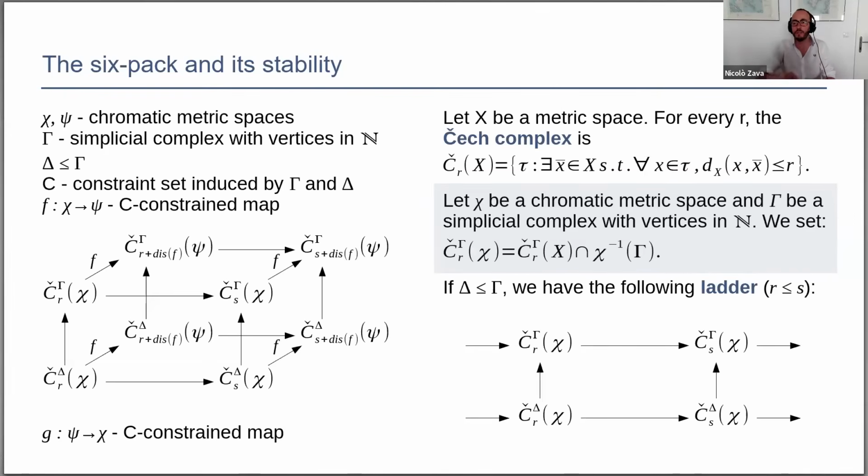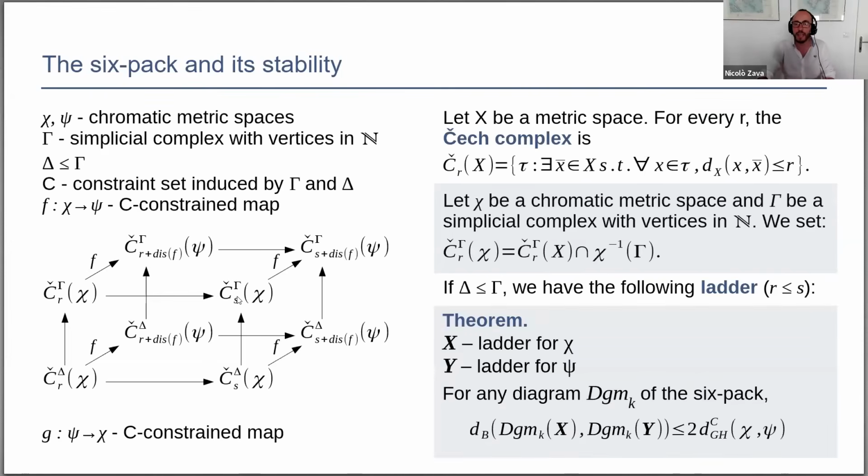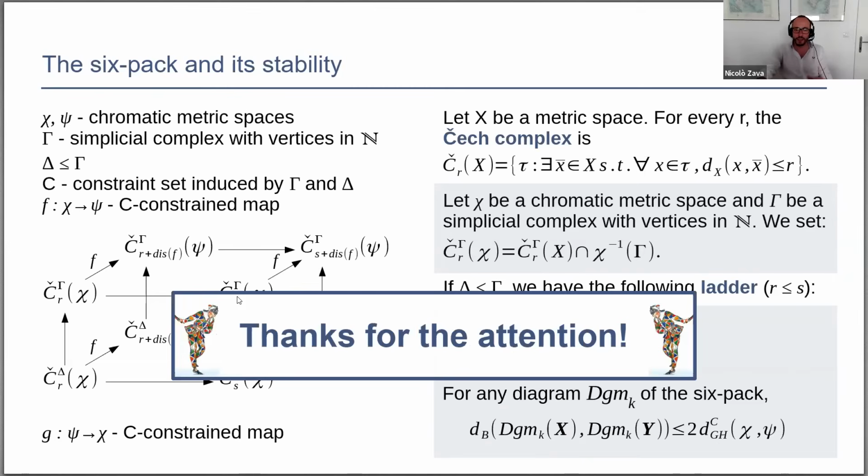You have an interleaving between the persistent modules, and here is your stability result. So if X is the letter for chi and Y is the letter for psi, for any of the 6 diagrams, the bottleneck distance is bounded by twice the C-constrained Gromov-Hausdorff distance between the chromatic metric spaces.